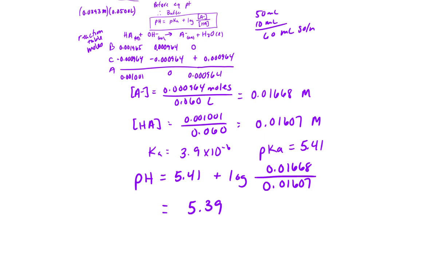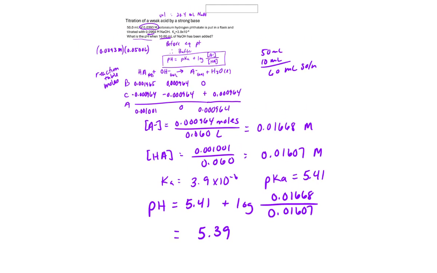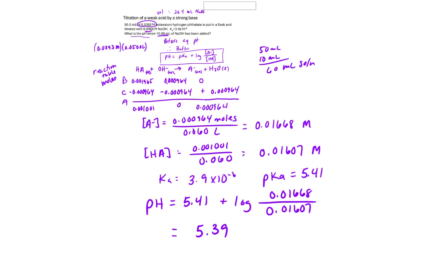And you'll notice the pH has increased a bit from the point before any base has been added. That's good. We initially started at 3.41 for the pH. We're now at 5.39. Okay, so it's kind of a good thing to step back and figure out if the pH that you calculate makes sense.